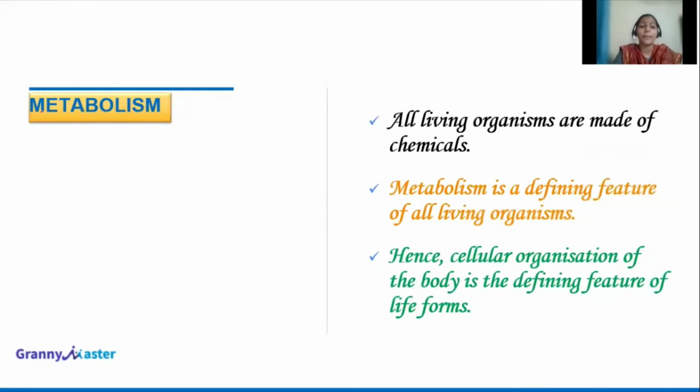The next one is metabolism. What do you mean by metabolism? Of course, we do have so many metabolic activities happening in our body. Basically all the living organisms are made up of chemicals within. So there are biochemical reactions that happen in your body. For example, the simple life process, respiration. Once oxygen enters the body and reaches the different body cells, at the cellular level there is a biochemical reaction happening.